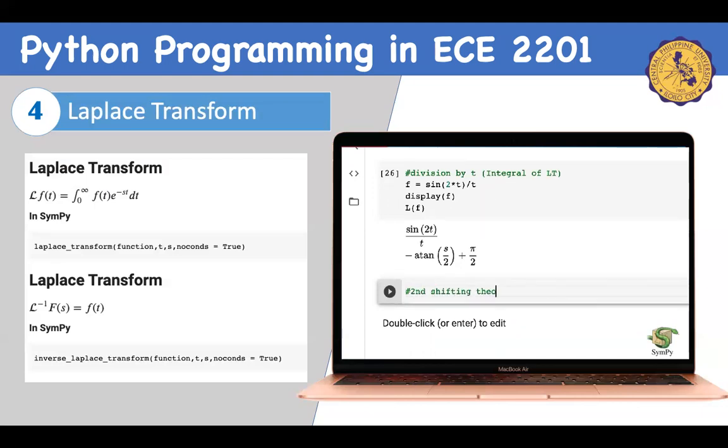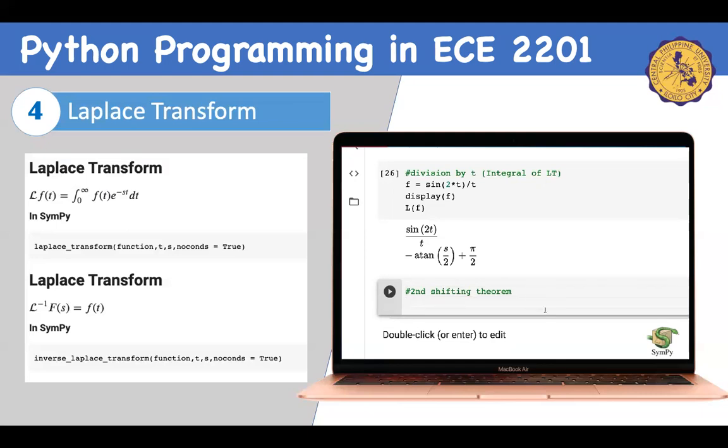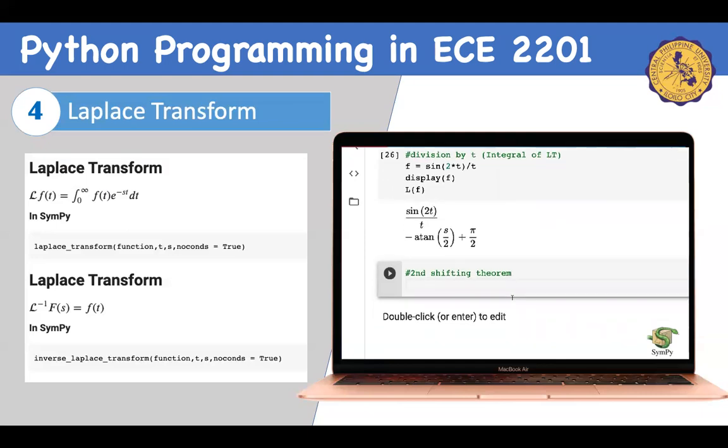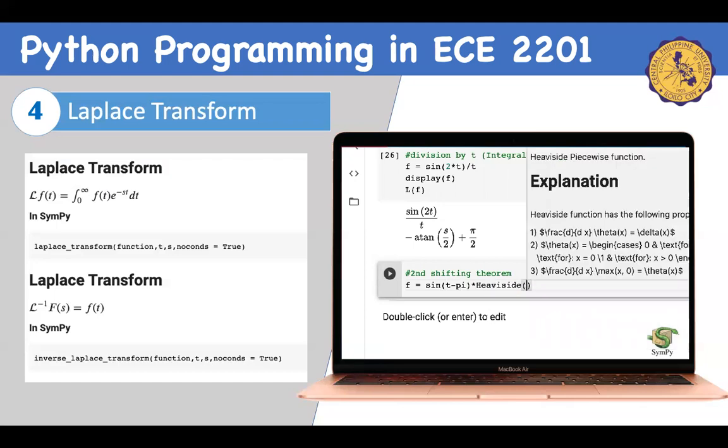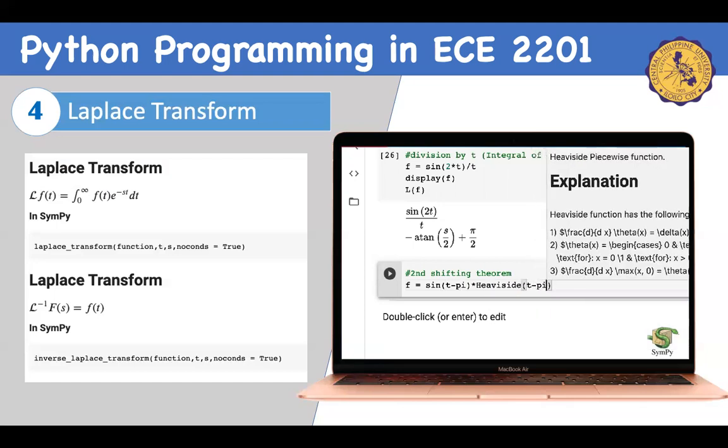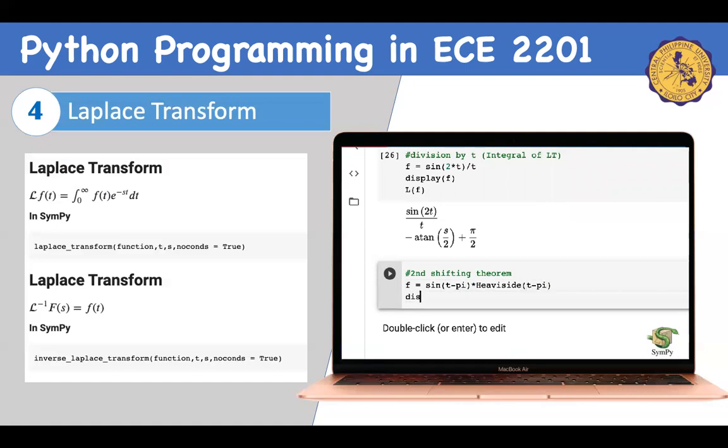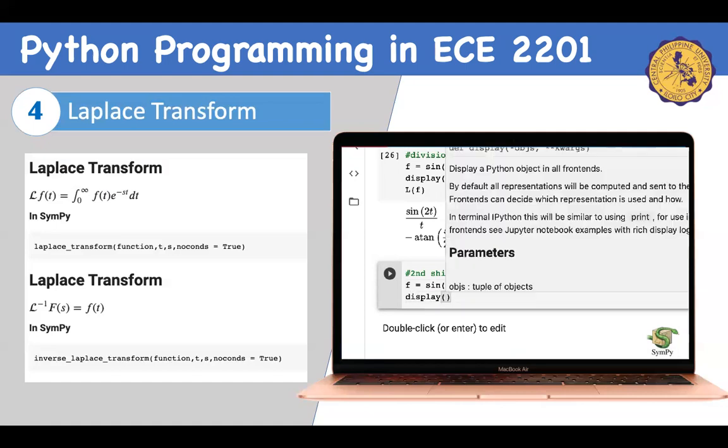Now we go to the second shifting theorem. Let's say sine of t minus pi multiplied by the Heaviside function of t minus pi. Let's try if this will work with the sine function.